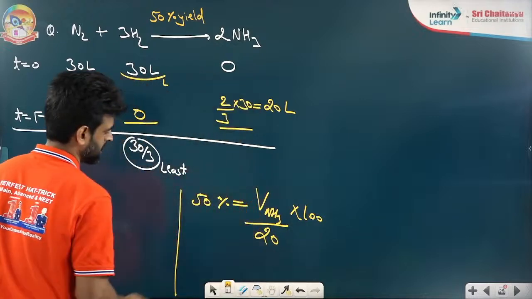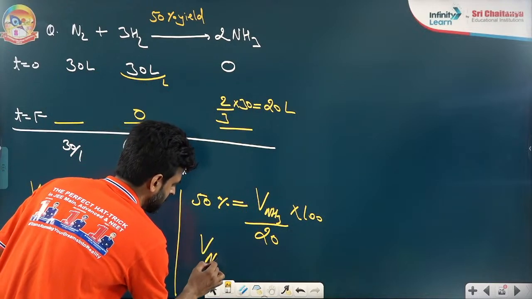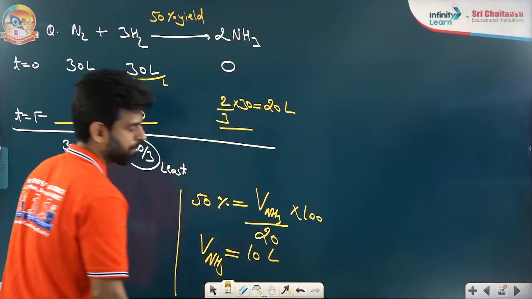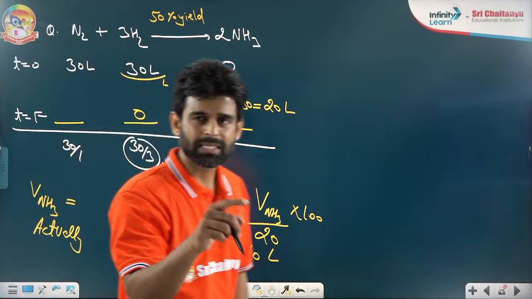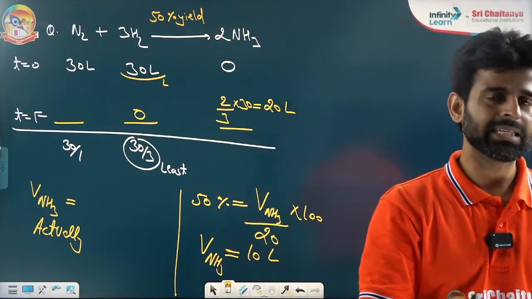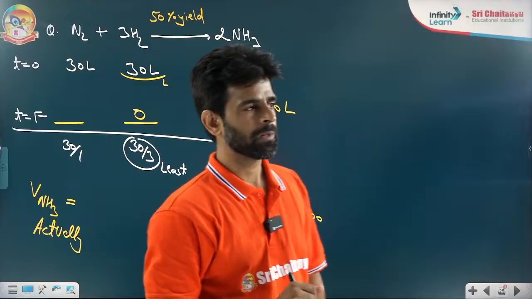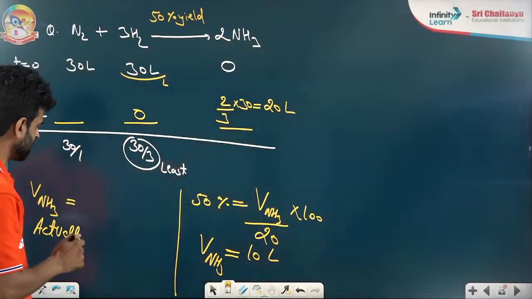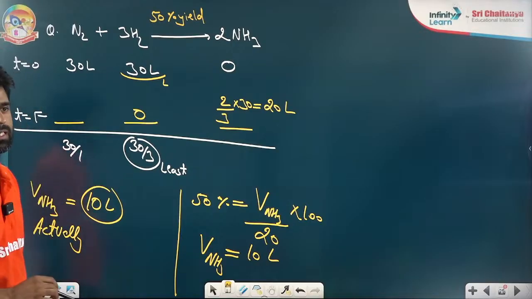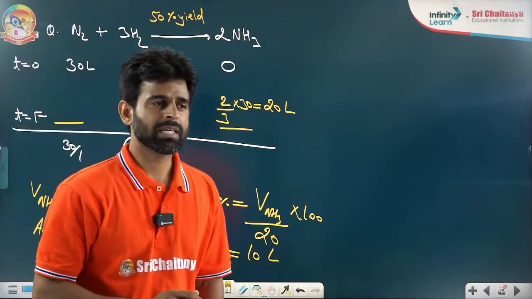What's coming from here? Volume of ammonia actually formed will be 10 liter. 20 was our expectation, but we will receive only 50% of that, which is 10 liter. So our answer is 10 liter of ammonia will be formed. I hope we are clear now.